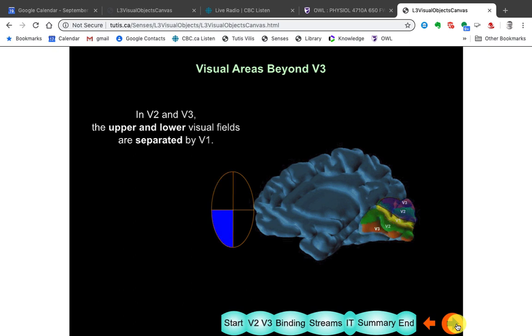Now, in V2, V3, if you have another object, the above fires a place over here, and the below fires a place over here. And it's separated by V1. So these cells are some distance apart.